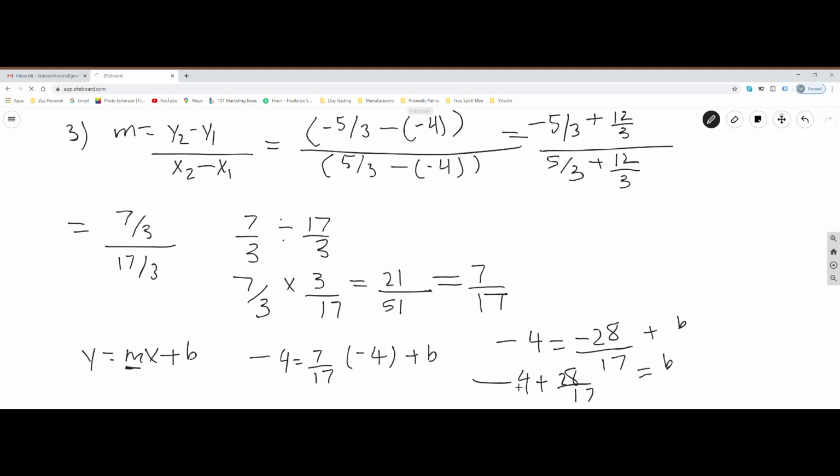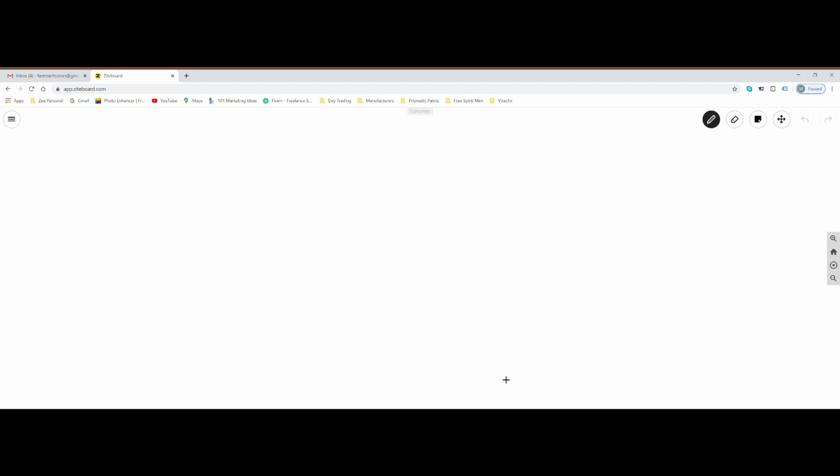You can change the -4 to have a denominator of 17.